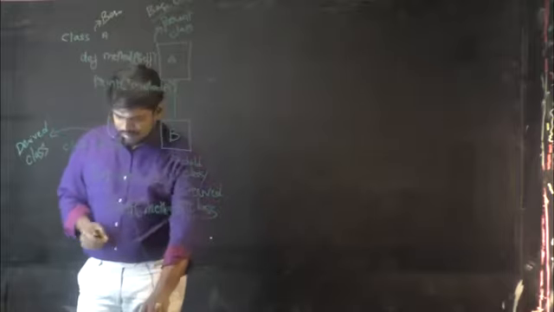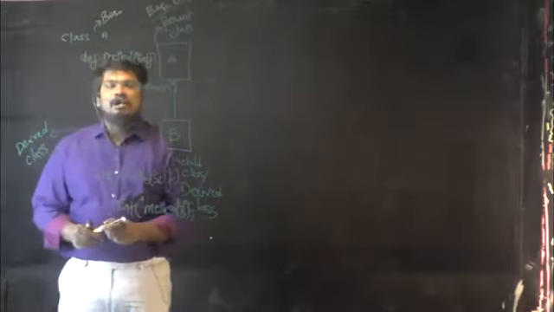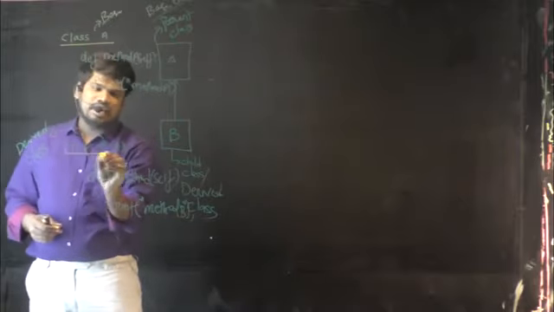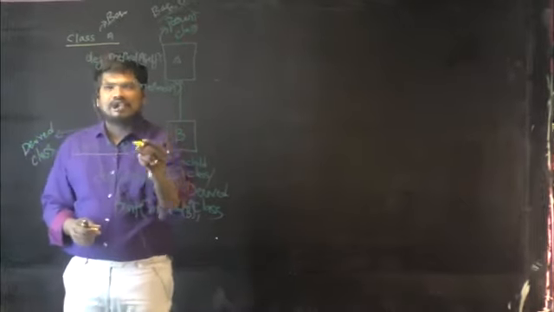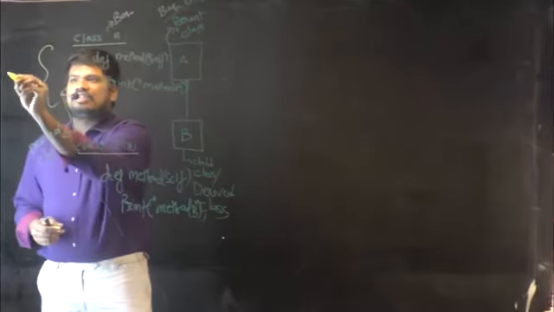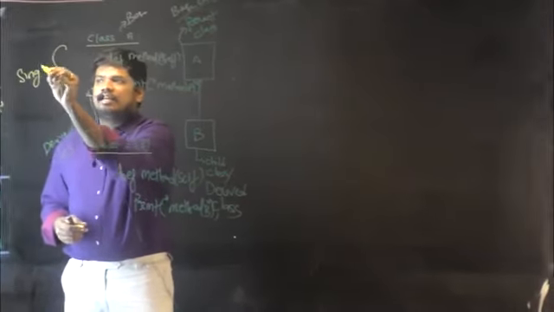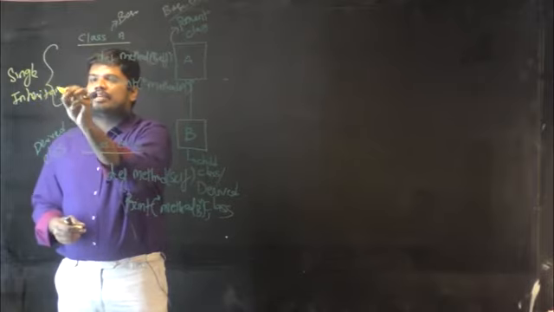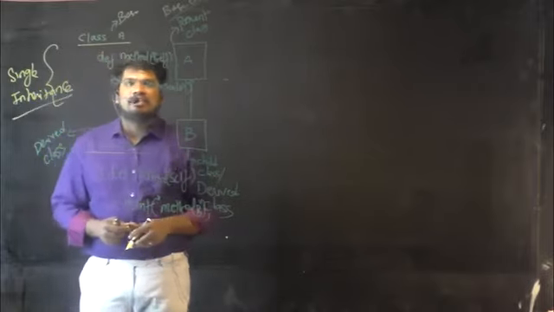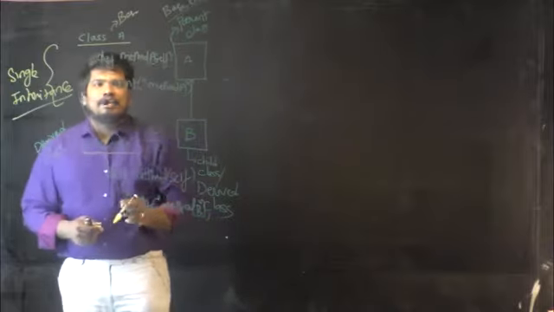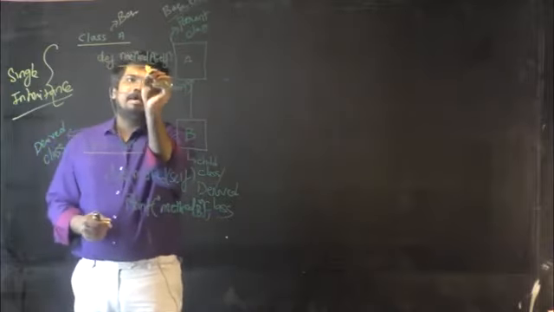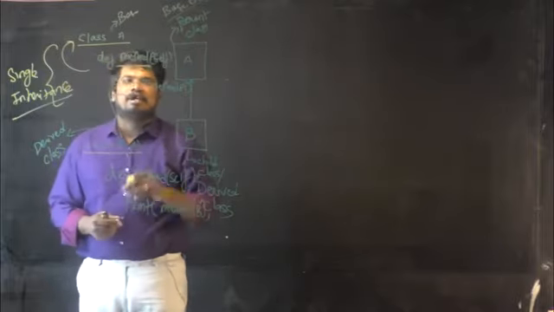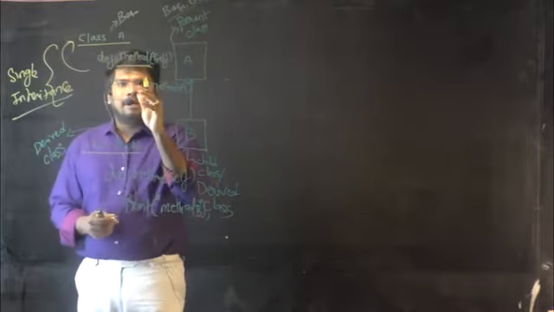So observe carefully here, I have taken class A and class B, and this is single inheritance. Here I am going with the single inheritance concept. Observe carefully, here I have taken one method inside class A, and the name of that method is method.